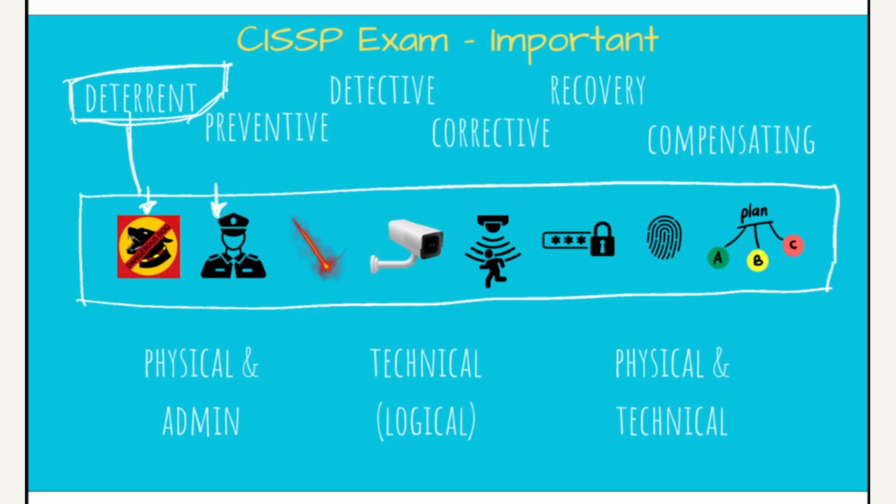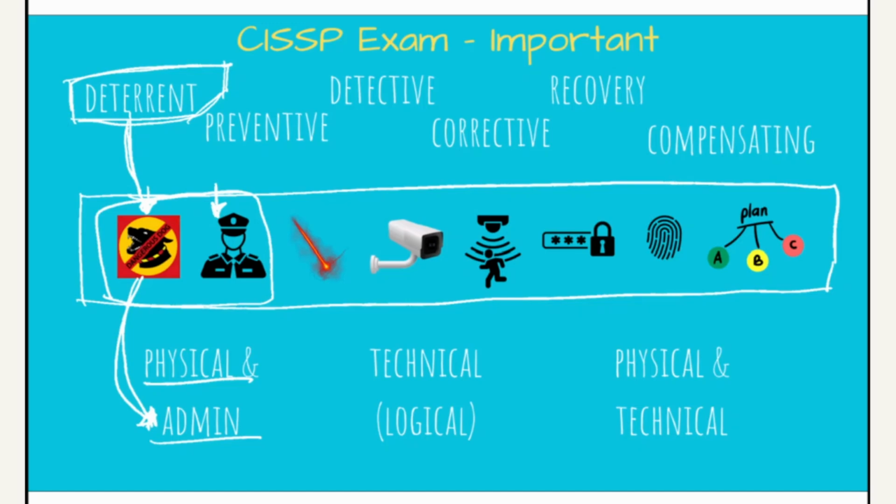Those are part of the deterrent control. You can map your sign as part of your physical and admin control, because having a security guard, having appropriate posters or banners should be part of your physical and admin control. So this mapping is quite crucial. I'll just link this one.